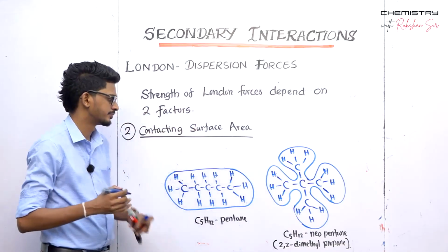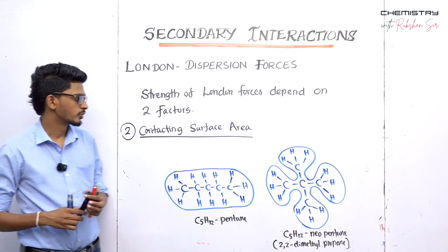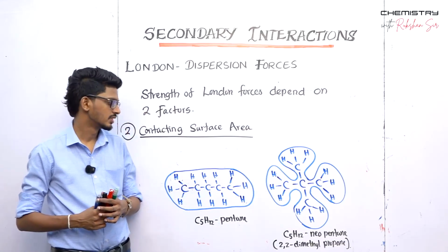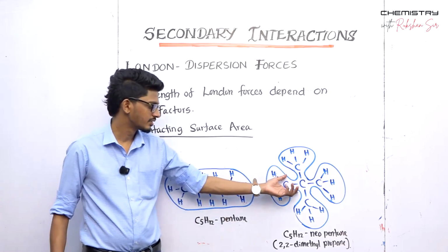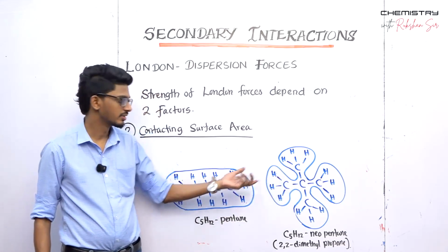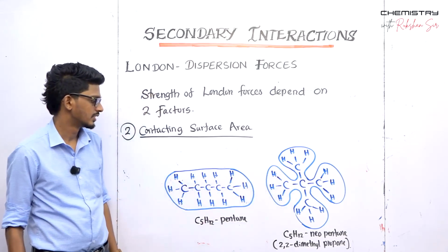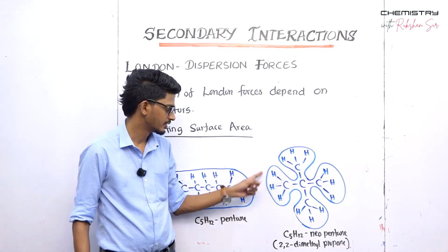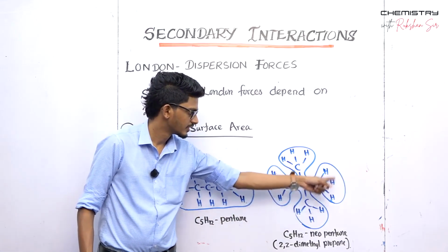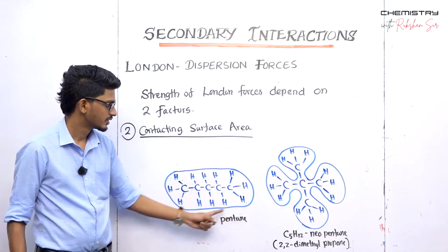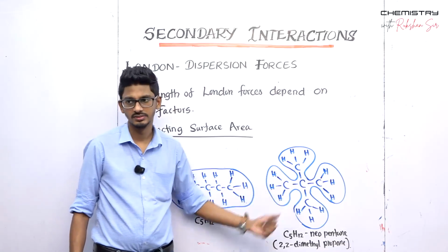This is the surface area, right? So when it comes to surface area, this one has a greater surface area than this one. You clearly see, no? So surface area is higher here.